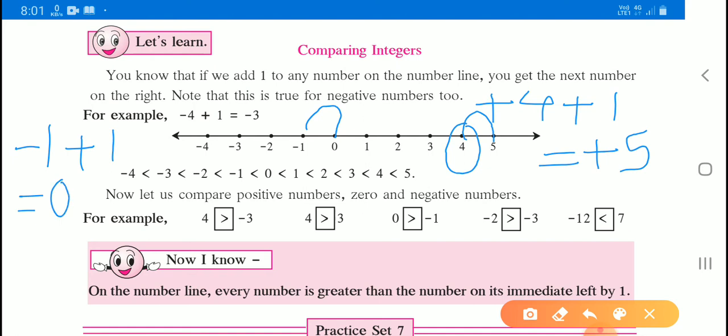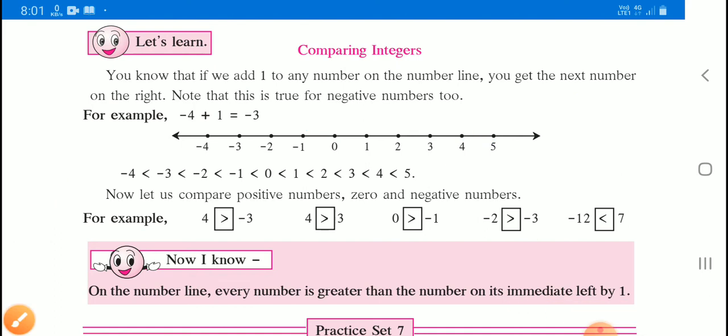So going right, the numbers increase, and going left, the numbers decrease. On the left side of the number line, the number which is nearer to 0 is greater than the other left side numbers. Keep in mind, a positive number is always greater than a negative number.